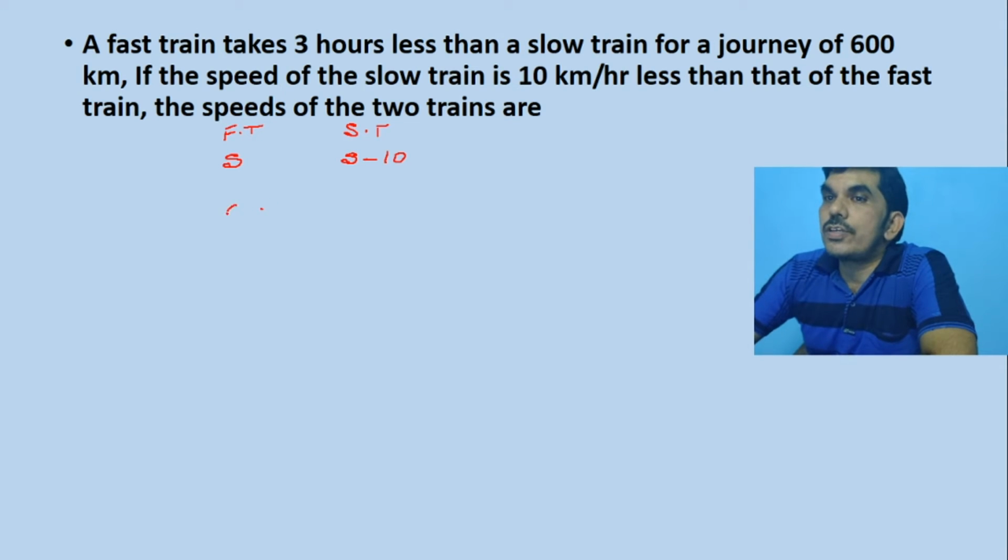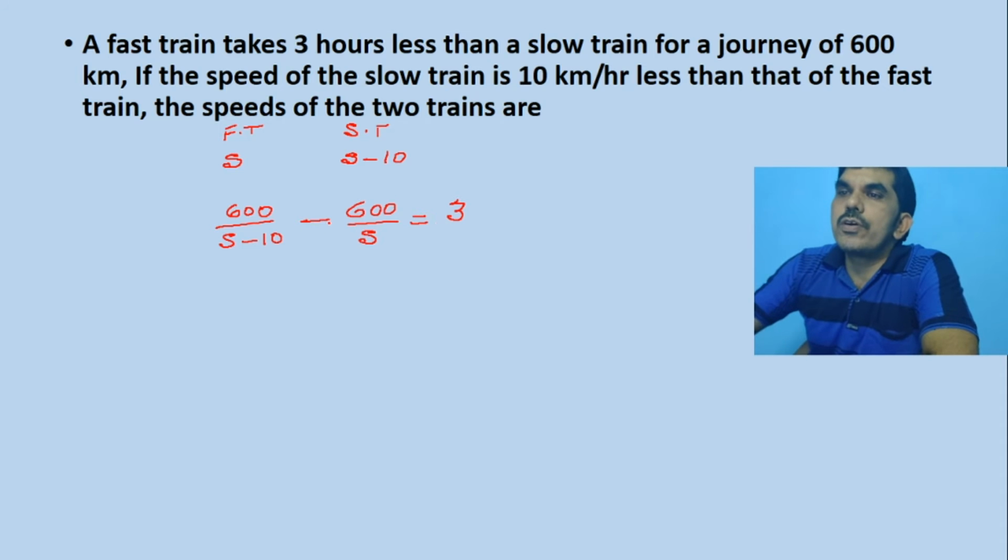So 600 by s minus 10 is the time taken by the slow train, minus 600 divided by s, distance is given as 600 km, equal to 3. Correct? Time taken by slow train minus time taken by the fast train is equal to 3. So if I simplify and solve, I get s.